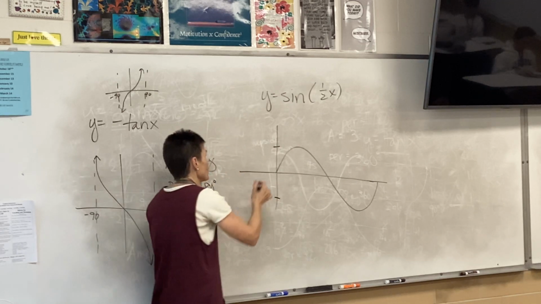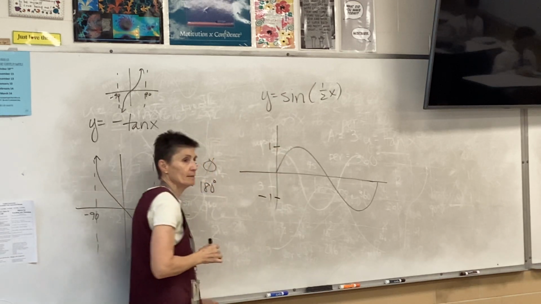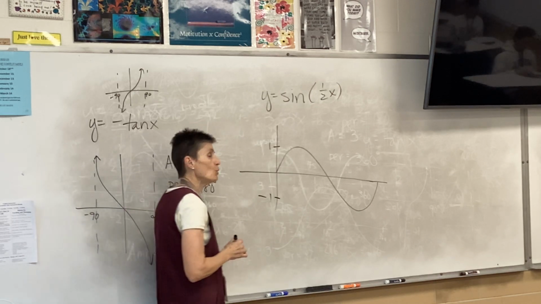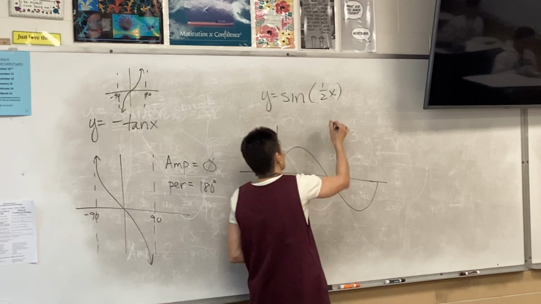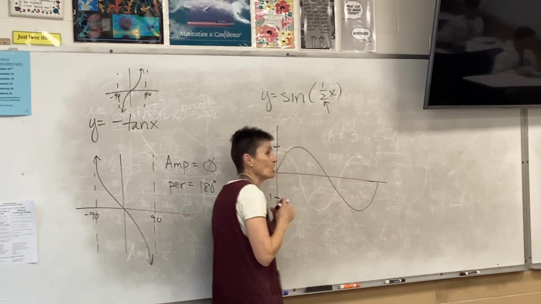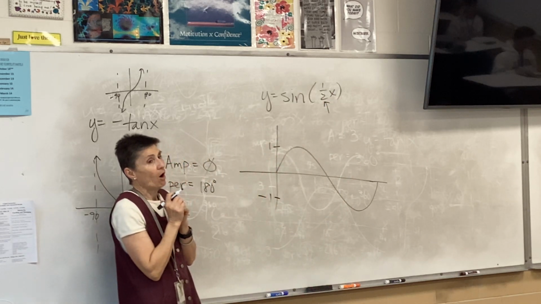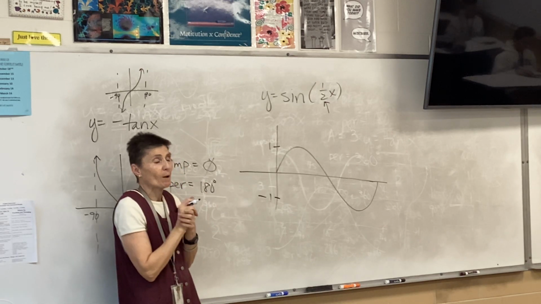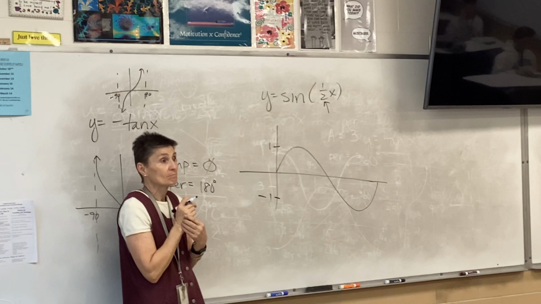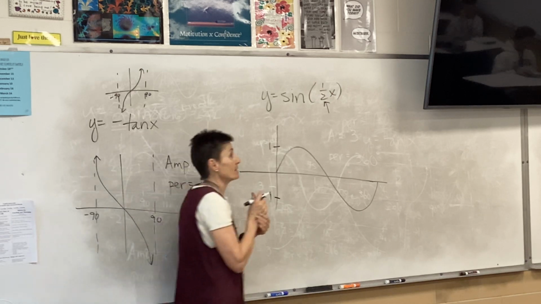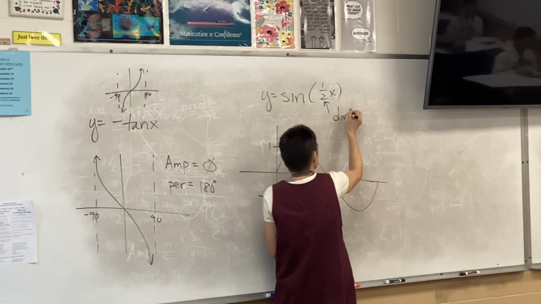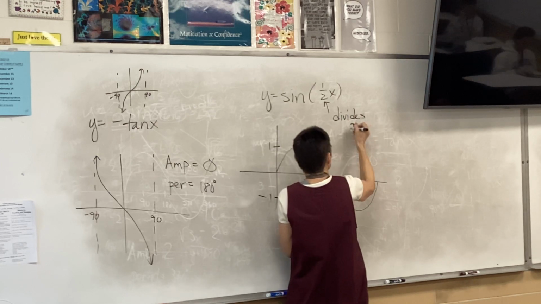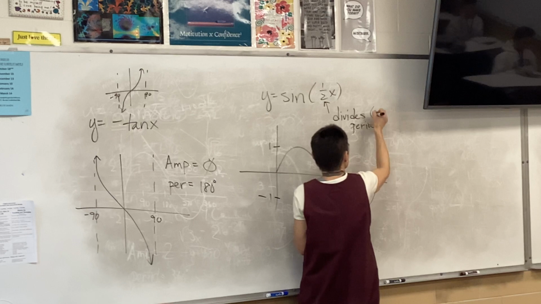Nope, so there's still 1 and negative 1. Who remembers what putting a coefficient on the x, right on the x, 1/2 x, what that coefficient does? It divides what we used to call the width, but now we're going to call the period. It divides the period.